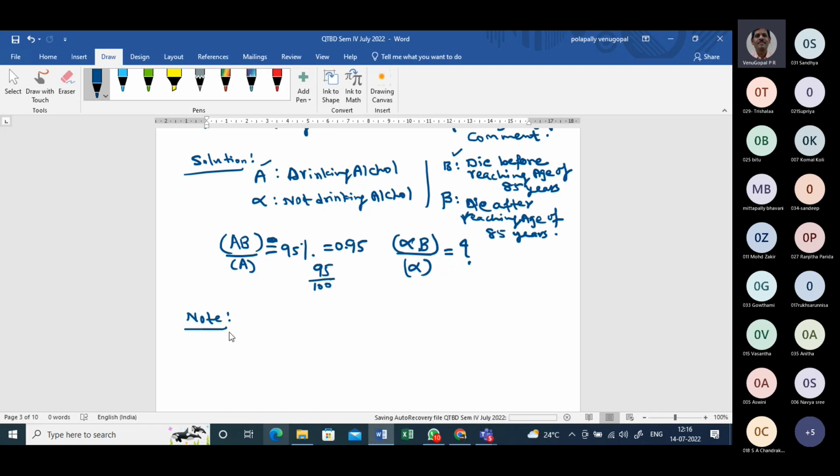Therefore, information is insufficient to arrive at any valid conclusion about the association between the variables A and B.